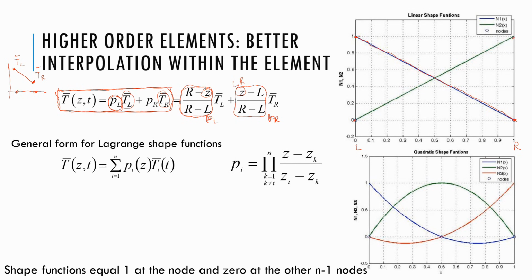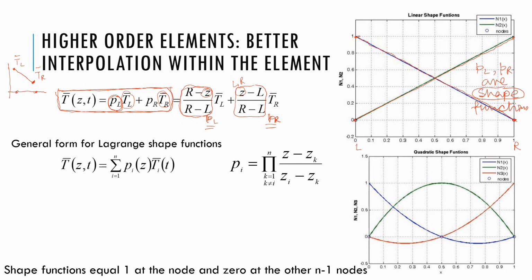So PR goes from 0 to 1. So these PL and PR are my interpolation functions, but they are also called shape functions. Shape functions, okay? So this is the nature of doing the 1D problem. I mean a two-noded element.